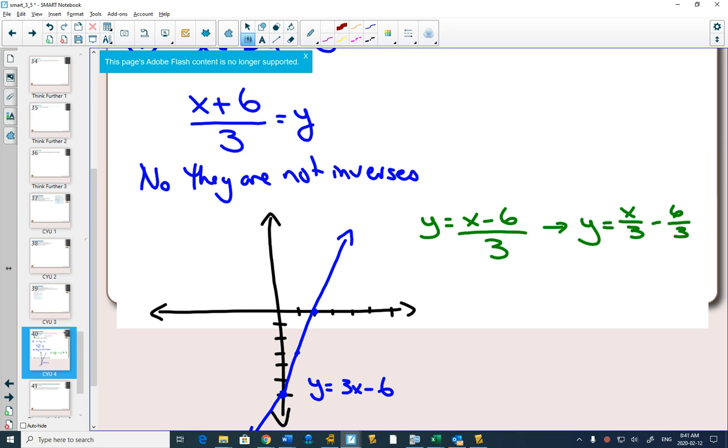And then if both of them are divided by 3, well, x divided by 3, you could write as 1/3 x. And 6 divided by 3 as minus 2. And now it's like, oh, so my y-intercept is at minus 2, and I have a slope of 1/3, meaning I go up 1 over 3, up 1 over 3.